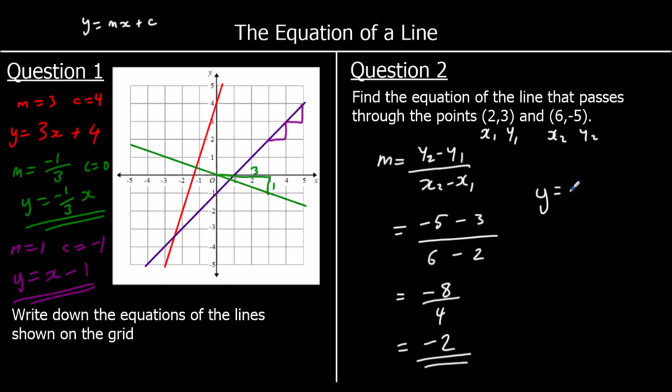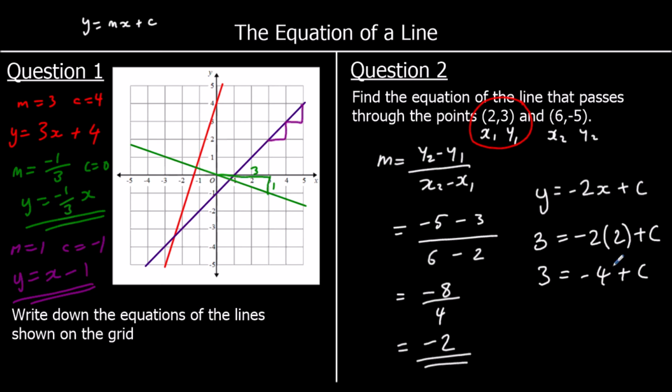For every 1 it goes across, it goes down 2. So we've got y equals negative 2x plus c. We need to find the y-intercept, and we can do that by substituting a set of coordinates, an x and y, into this equation. So x is 2, y is 3. So we change y to 3, change x to 2. Negative 2 times 2 is negative 4. So 3 equals negative 4 plus c. To get c by itself, plus 4 to both sides.